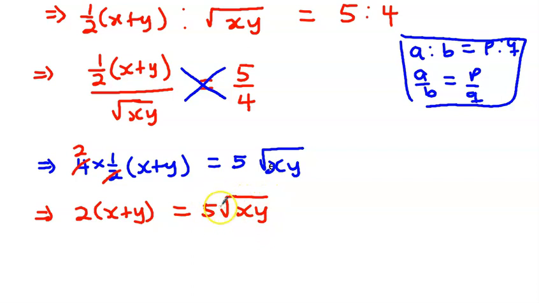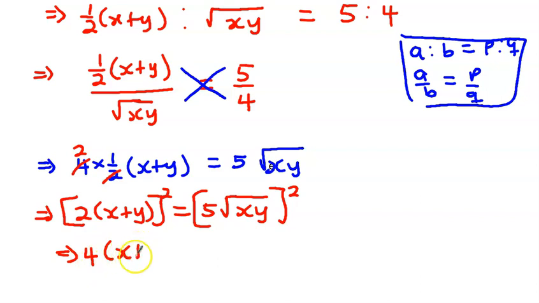So let's get rid of the square root. We are going to square both sides. When we do that, the square will take care of the square root. So on the left hand side, we have 4 times (x plus y) all squared, which is equal to 25xy.